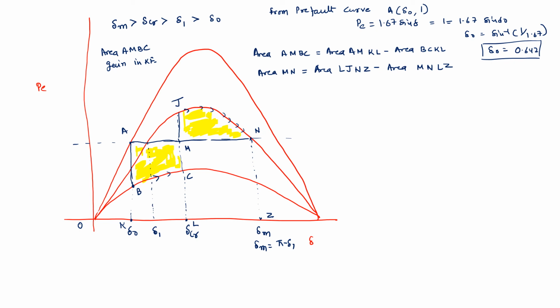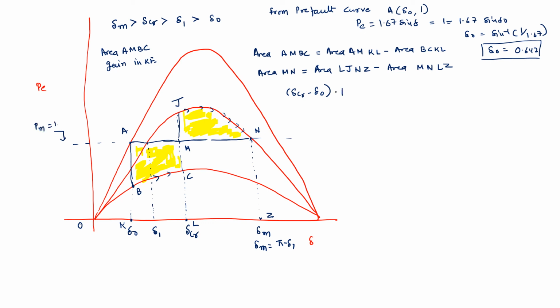For calculating the AMKL area, this area will be length into height, so this will be equal to delta CR minus delta naught into 1. This is the mechanical input Pm, and this is equal to 1.